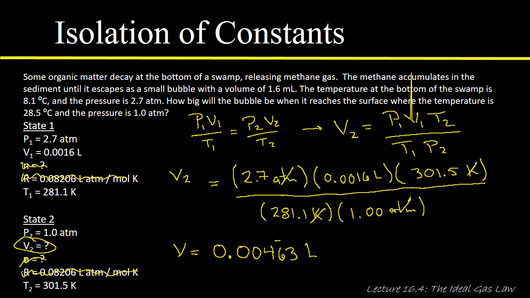to find that the result is 0.00463 liters, which is precisely the same thing we got with the two-step method. And when we convert that into milliliters and put it into significant figures, we get 4.6 milliliters, which is just what we got last time.